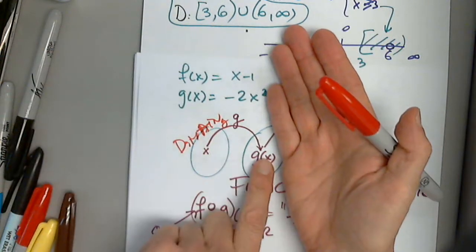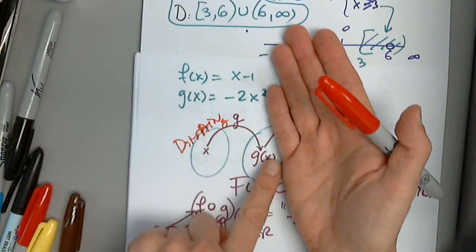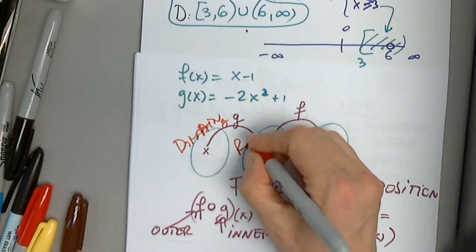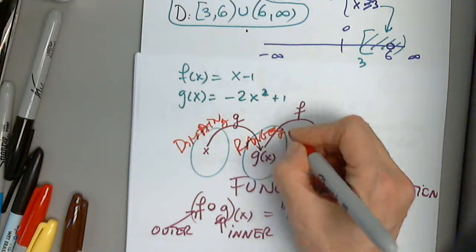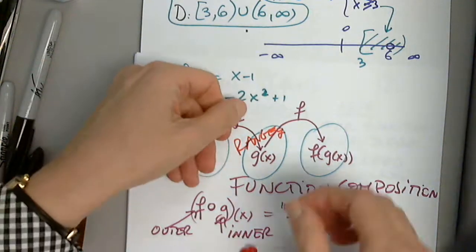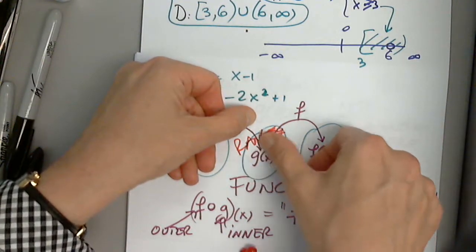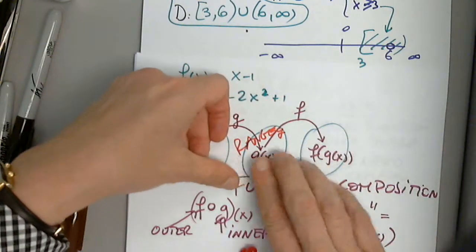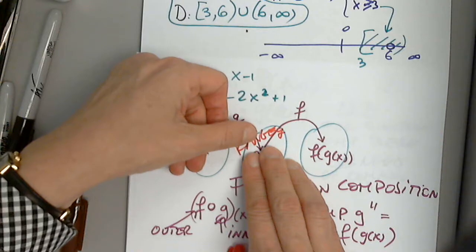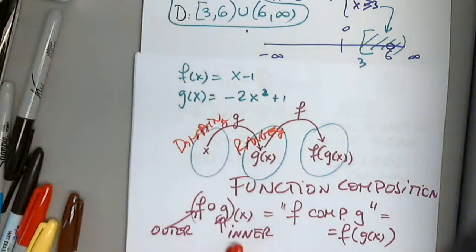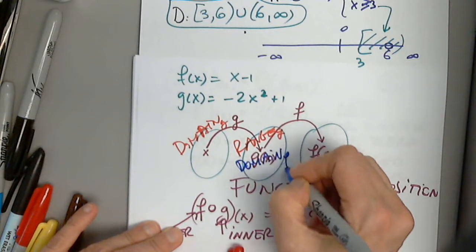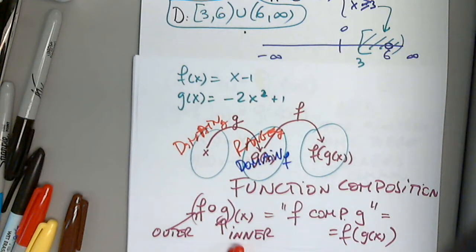What does this represent for g? Exactly. Range for g. Now, what does this bubble or set represent for f? Exactly. So this is the domain of f.